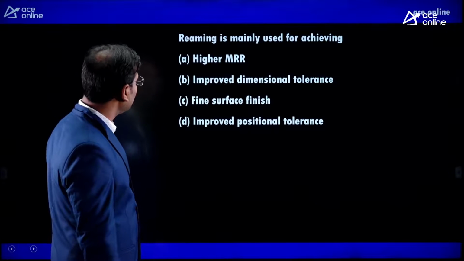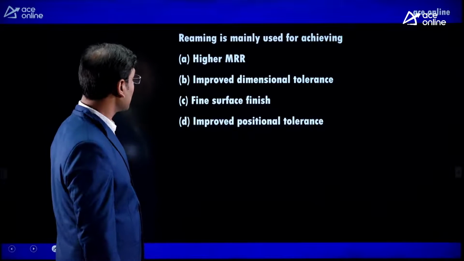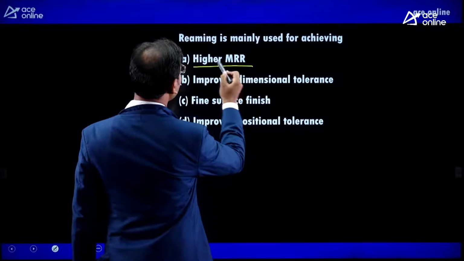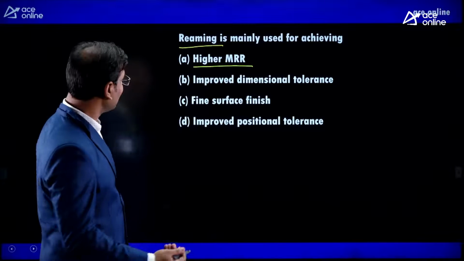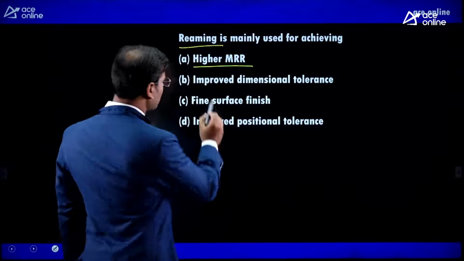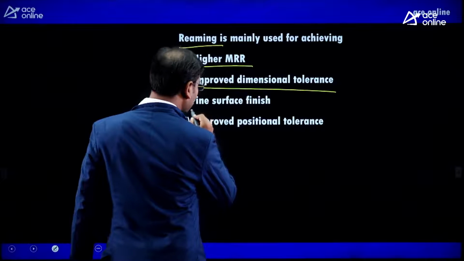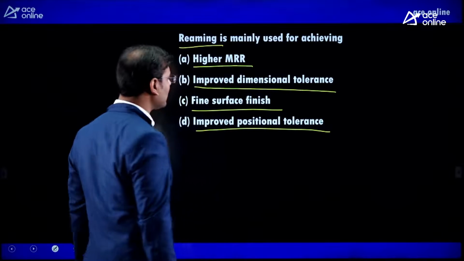Now, reaming is mainly used for achieving higher MRR? No, because reaming we are going to do on an already drilled hole, so high MRR is not there. Improved dimensional tolerance is correct. Fine surface finish is also correct. Improved positional tolerance is also correct.